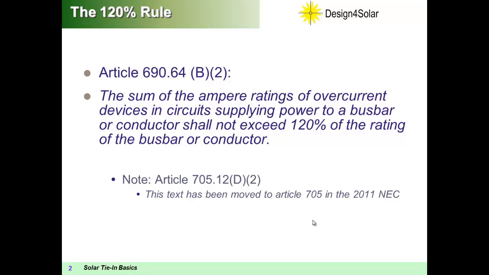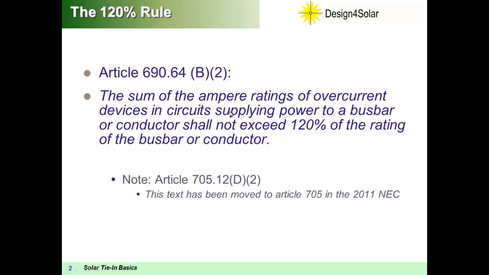Alright, let's go back to the code itself. So Article 690.64b2. Hopefully this starts to make more sense now, right? Because what it says is the sum of the ampere ratings of overcurrent devices in circuits supplying power. Okay, so in that first part, supplying power is key, because that says we only care about overcurrent devices, which means breakers, that are actually supplying power to those bus bars that we were looking at.